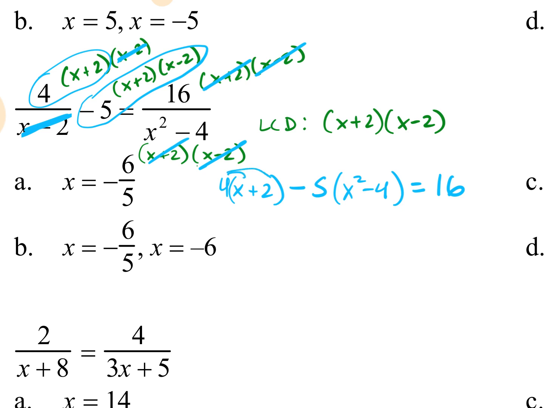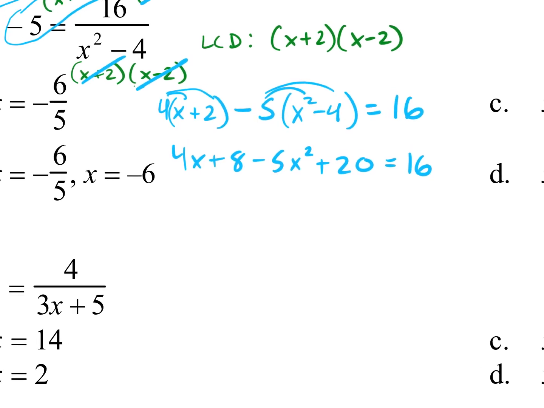Let's distribute, and we'll multiply this all out. We get 4x plus 8 minus 5x squared plus 20 is equal to 16. We have an x squared and an x, so what does it have to be equal to? What do we have to do to solve?